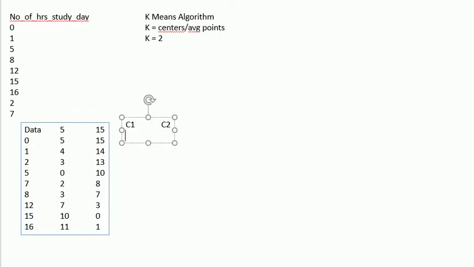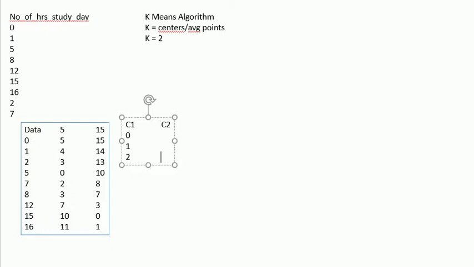Point 0 is nearer to 5, so I am writing 0 here. Then 1 also is nearer to 5 because the distance is 1 only, and the distance from 15 is 14. 2 is also nearer to 5, so I will write it here.